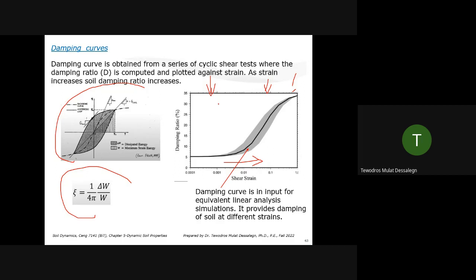Then the geotechnical engineer, maybe the same person or a different person, uses it as input to a software analysis. So when you think of dynamic analysis, in Plaxis, FLAC, SHAKE, SASI, or whatever software, these are direct input. This is the damping value of the soil at every strain. These are the equivalent linear properties.